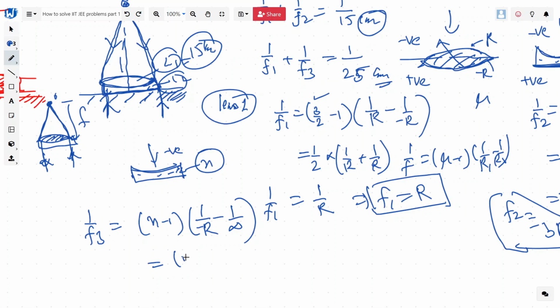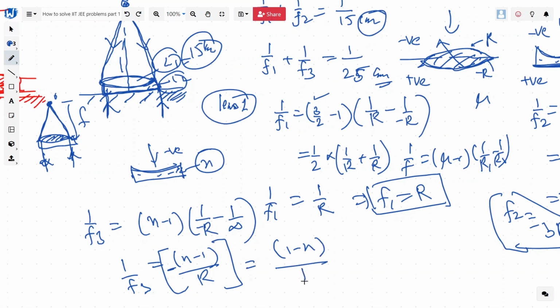This is going to be n minus 1 by r with the negative sign, so 1 minus n by r is going to be 1 by f3.